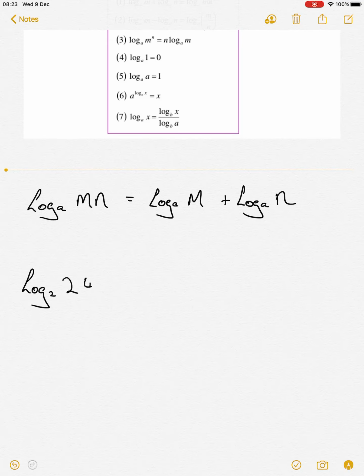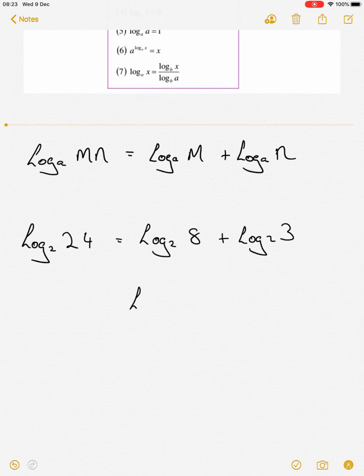Log 2 of 24 could also be written as, well, let's write 24 as 2 different factors. I can break 24 into any factors. So let's say log 2 of 8 plus log 2 of 3. So obviously your 8 and your 3 multiplied together give you your 24. So it's 2 factors.